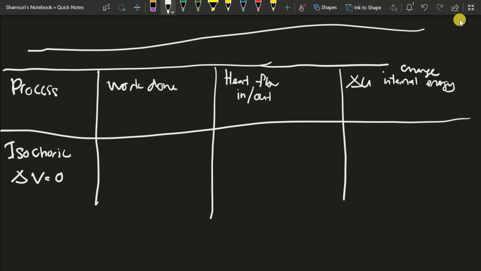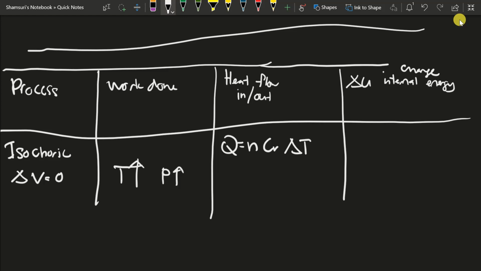Then the temperature is increasing and the pressure is increasing. Then Q can be calculated by Q is equal to n Cv delta T, because V is 0. This one we already discussed previously.